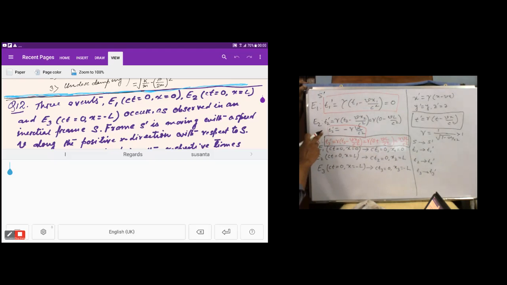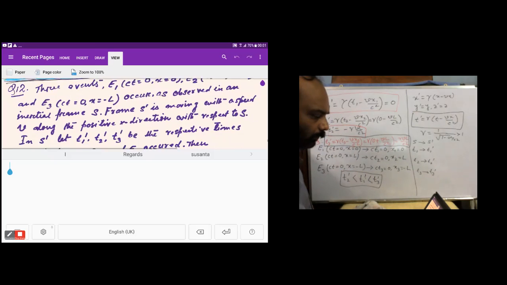So naturally, T2 dash is the smallest value. So T2 dash is smaller than T1 dash, which is 0, which is smaller than T3 dash, which is gamma VL by C square.